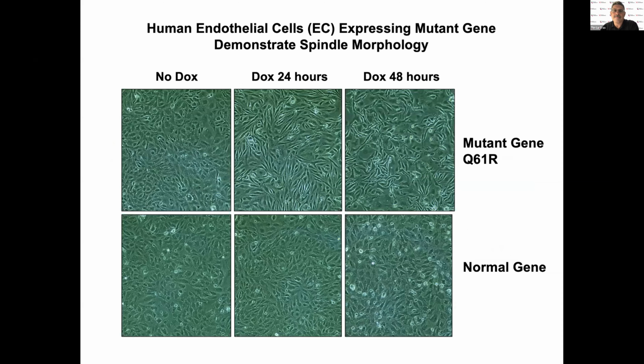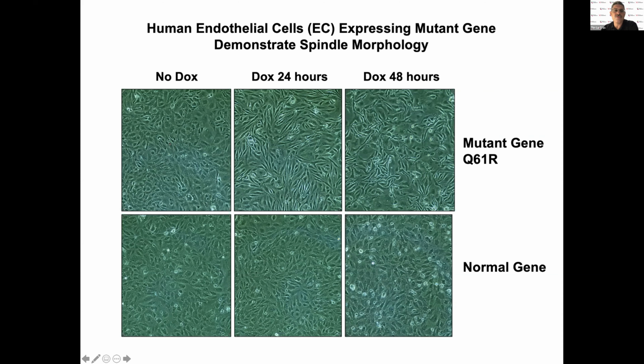So this shows you here some pictures of human endothelial cells in these cultures in the Petri dish. If you go over to the left here, the two panels labeled NODOX, these are human endothelial cells that have the mutant gene, the Q61R, that we've introduced into those cells, but it's not turned on because we haven't got doxycycline in the cell culture media.